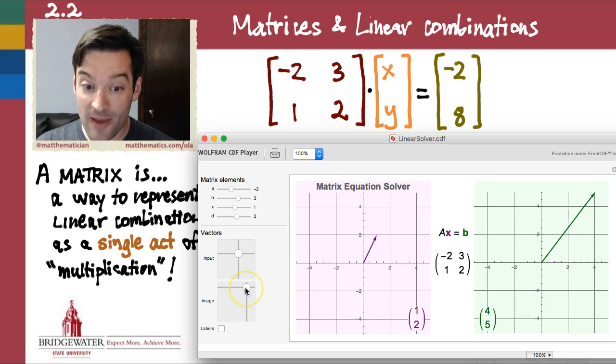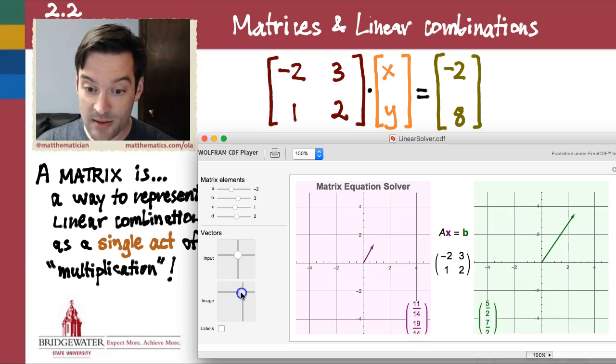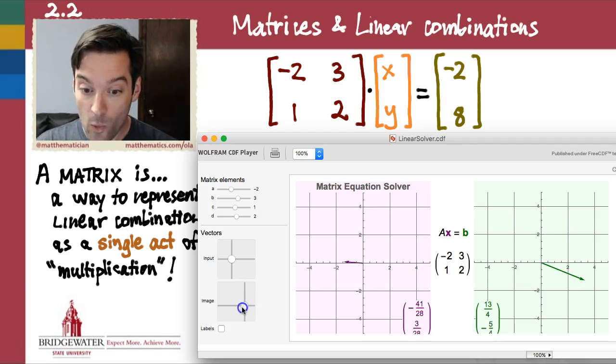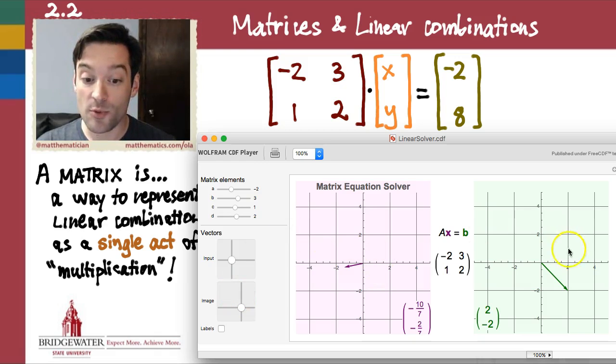And so to solve any linear system of equations of the form Ax equals b, all I'm really doing is selecting a b in my range and asking what vector in the domain has as its image this vector b. The matrix provides the connection between these two worlds that makes linear algebra run.